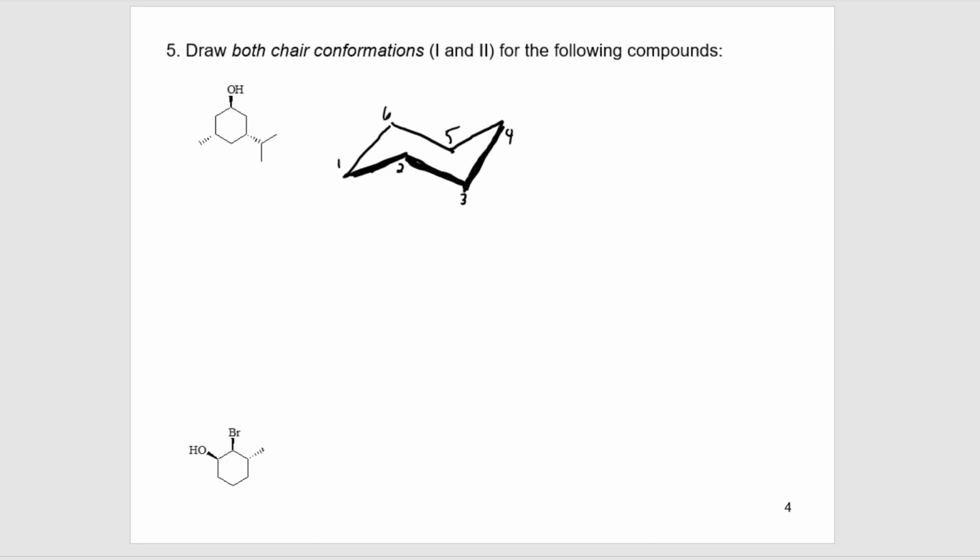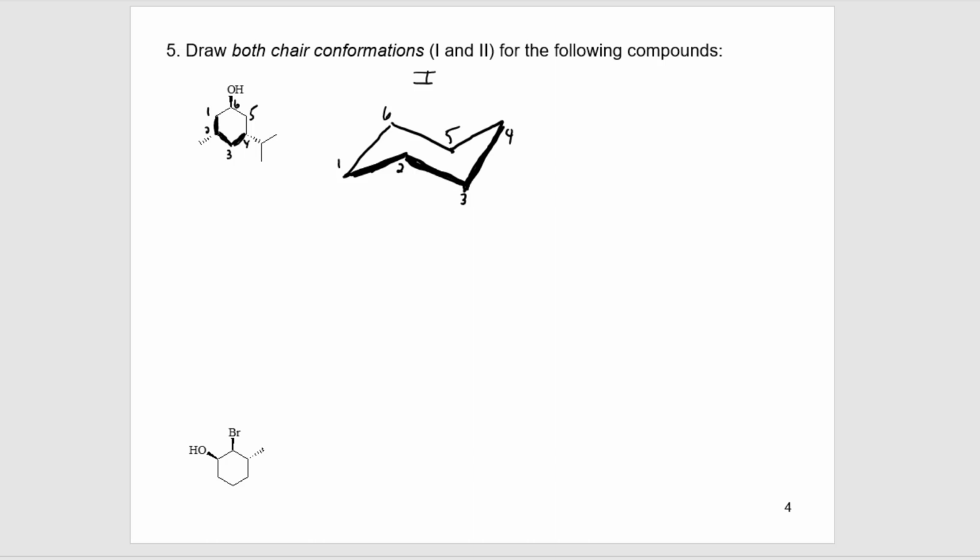So what I like to do is, if I've drawn my cyclohexane chair, we'll call it chair 1, since I made the bottom edge coming out at me, I'm going to enhance the bottom edge here as well. I've chosen to start over here. So I'm going to make this 1, 2, 3, 4, 5, and 6.